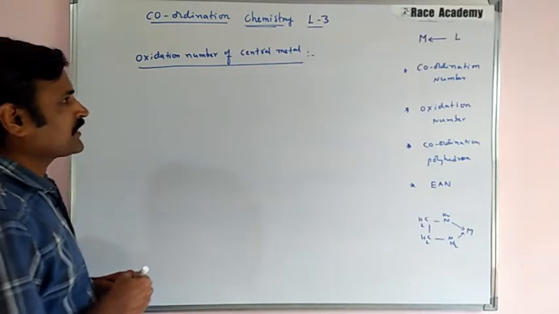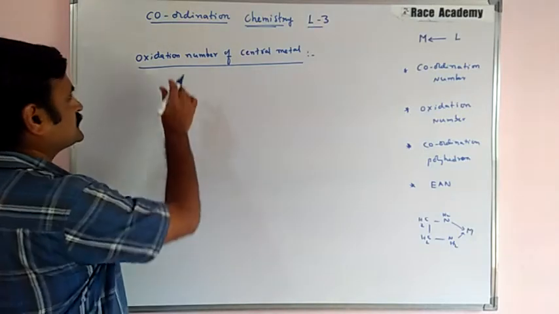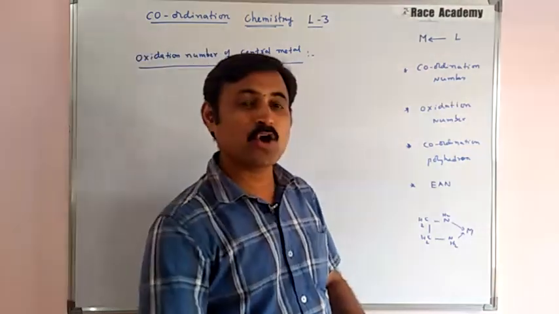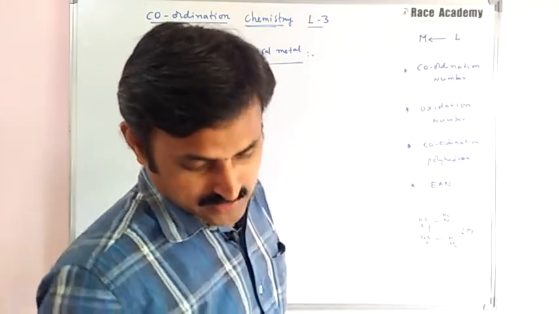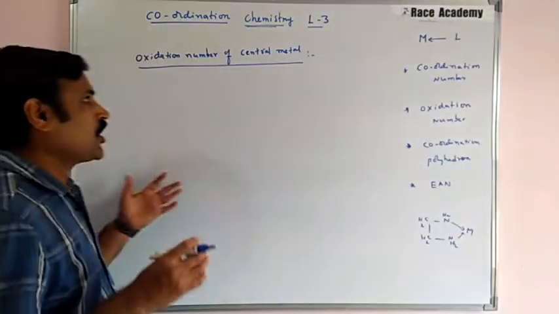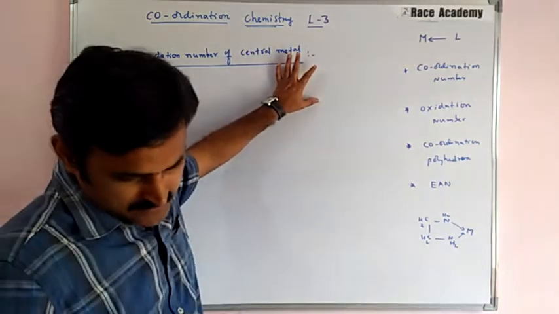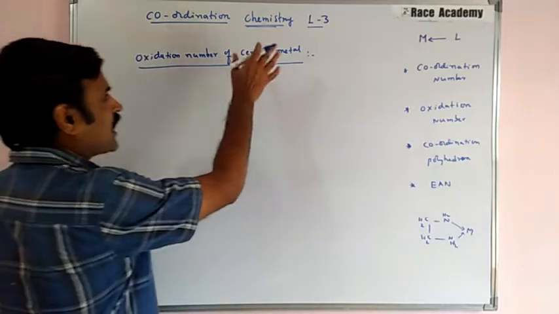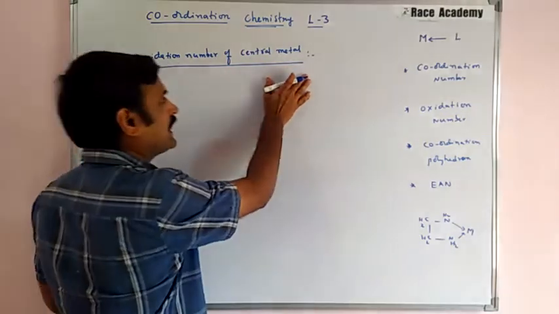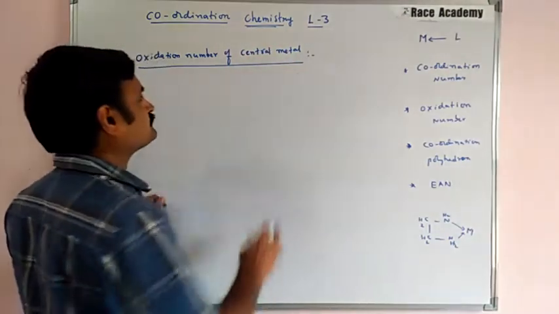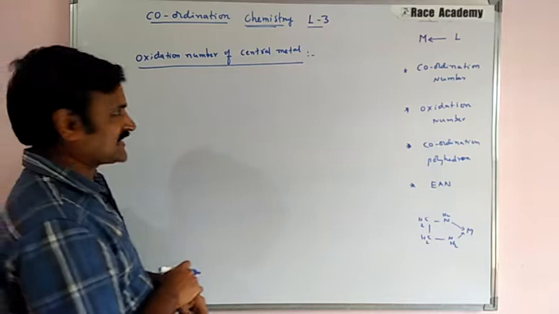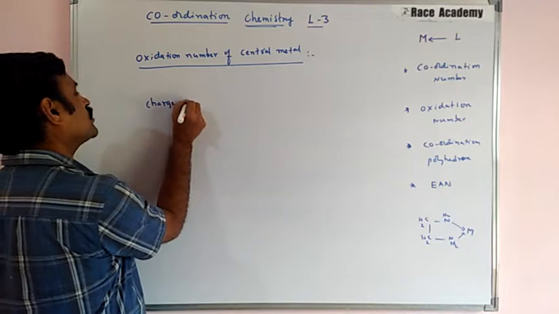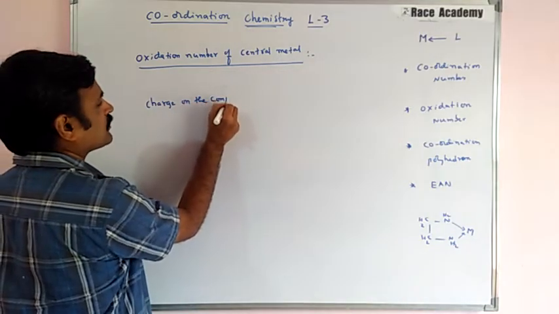For example, oxidation number is a kind of charge, and some coordination complex ions will be given in the exam, and they will ask you to find the oxidation number of the central metal. The oxidation number of the central metal will be a positive value, obtained using a mathematical expression.